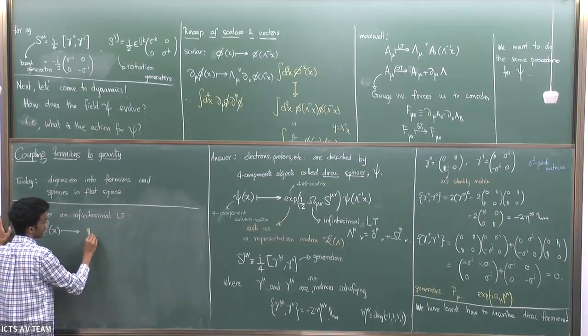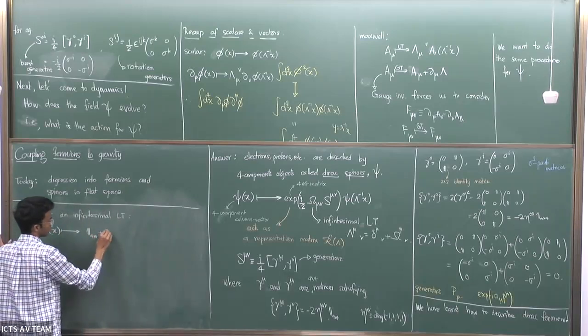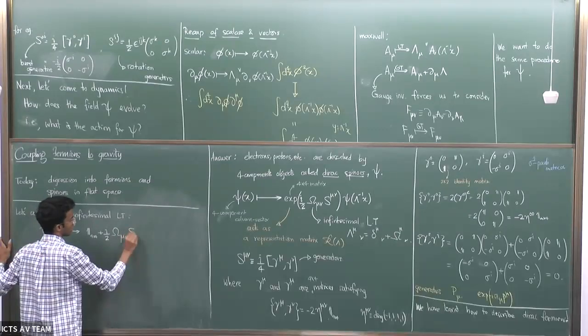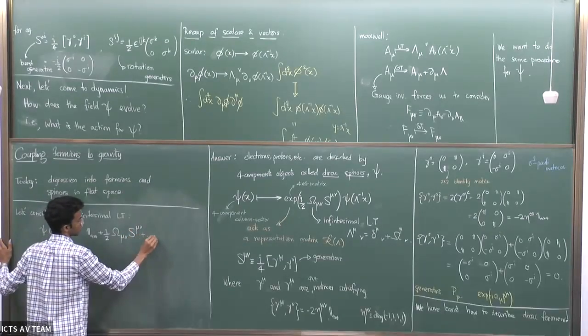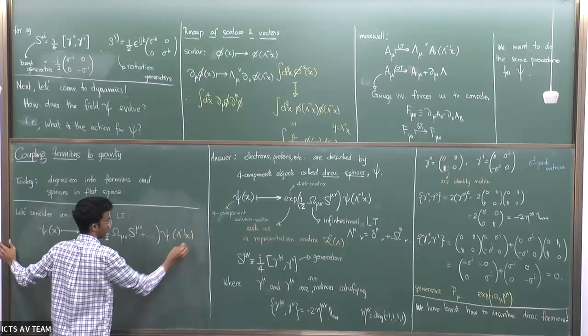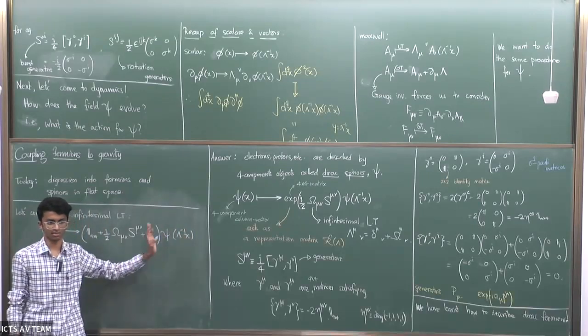This is a 4x4 identity matrix, remember? There are many different identity matrices going on here, so I'm just cautioning you. Plus i/2 ω_μν, which is treated as small now, S^μν, times ψ(Λ⁻¹x). I don't want to write this explicitly in terms of ω_μν and so on at first order. I'm just writing Λ⁻¹x.